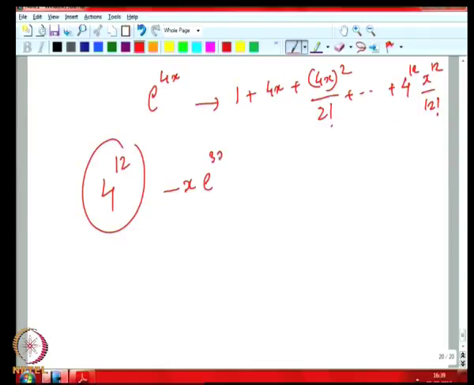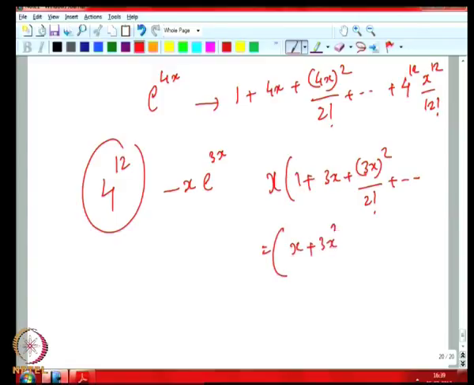Now note that when you expand it, this is x into 1 plus 3x plus 3x whole square by 2 factorial and so on. Now multiply by this, this will be x plus 3x square plus 3 square x cube by 2 factorial and so on, right.